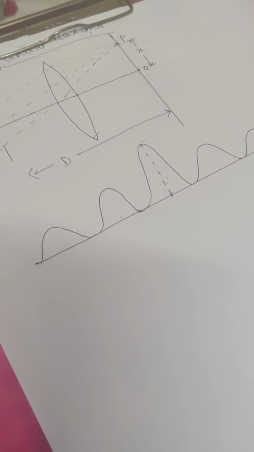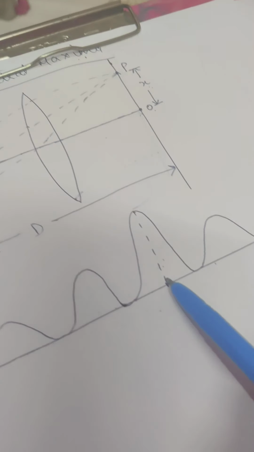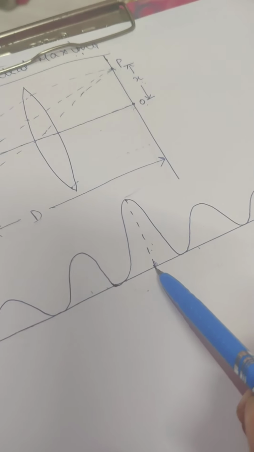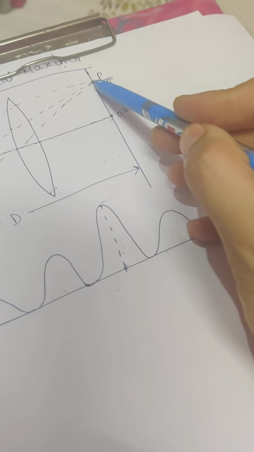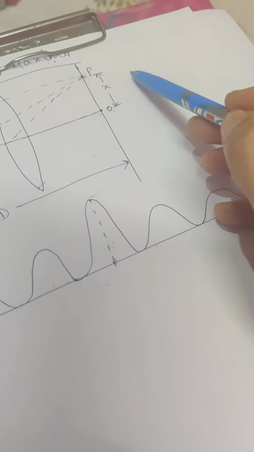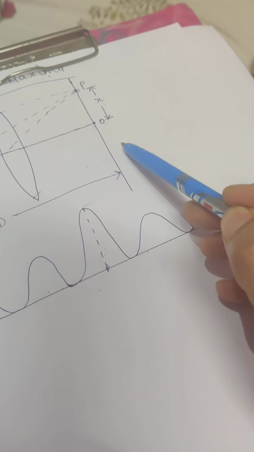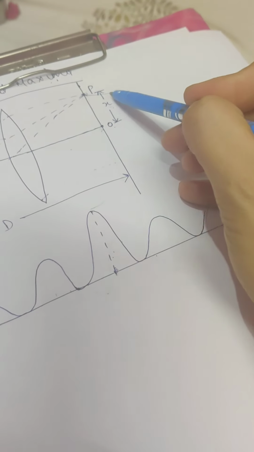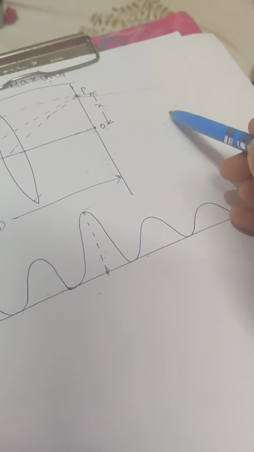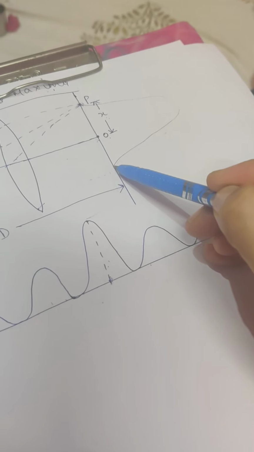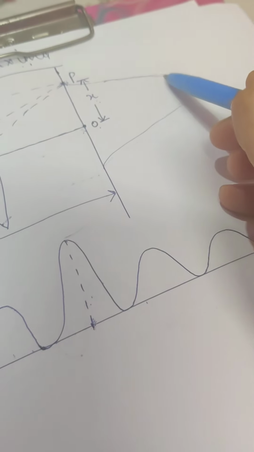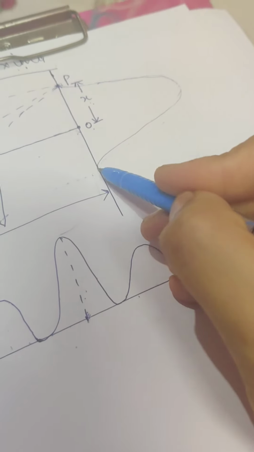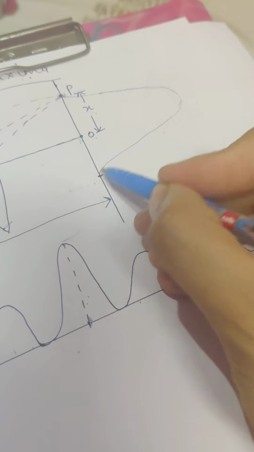Okay beta, this is the central maxima which you get, which I show here by drawing. This pattern comes out like this. Actually I took point P very far away from O, so this pattern is very thick and the central maxima width is very large here.